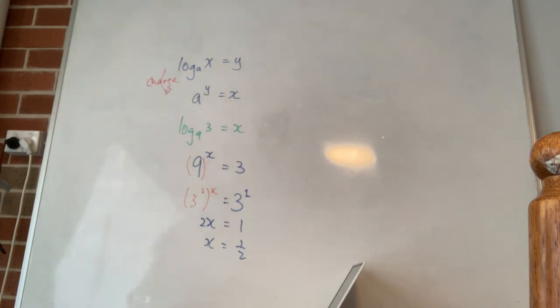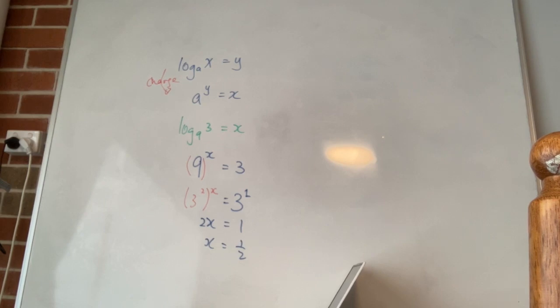Audrey, are you good? And then change it to base 2, so you are going to have 2 to the power of... Okay, 9 to the power of x equals 1 on 9.